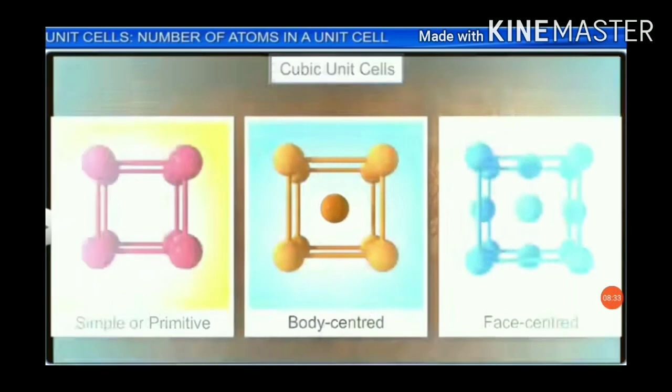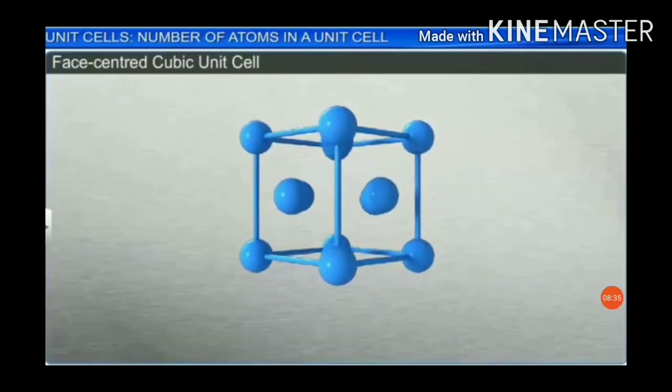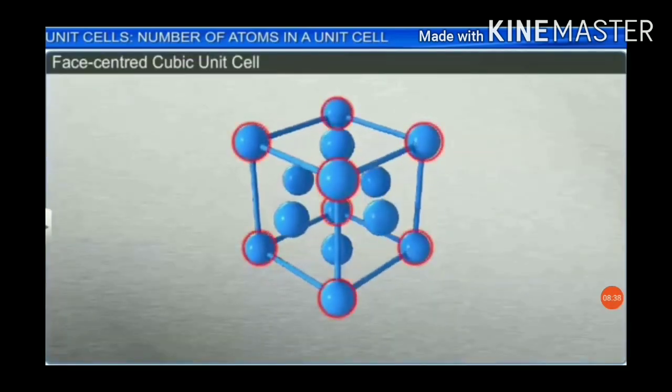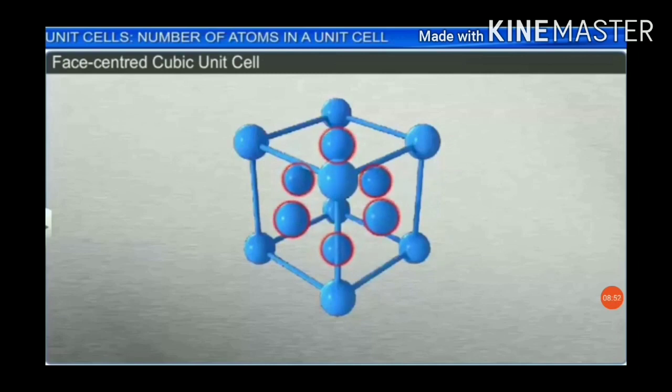Next, we calculate the effective number of particles present in a face-centered cubic unit cell, or simply known as FCC lattice. In this unit cell, one constituent particle is present at the center of each face in addition to the particles present at its corners.